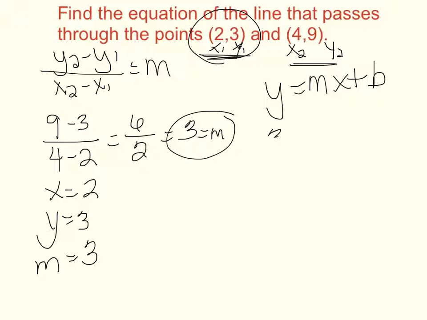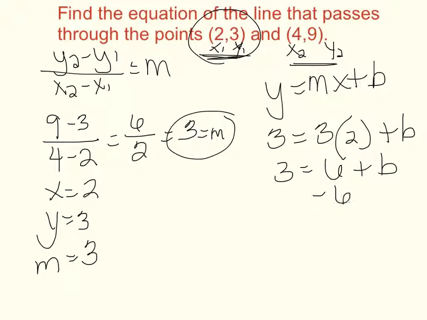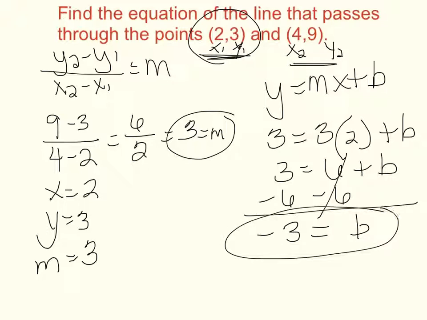And you've got 3 equals 3 times 2 plus b. 3 equals, 3 times 2 is 6 plus b. To get b by itself, we're going to subtract 6 from both sides. b equals negative 3. So we got our b, we have our m. Our equation of the line is y equals 3x minus 3.